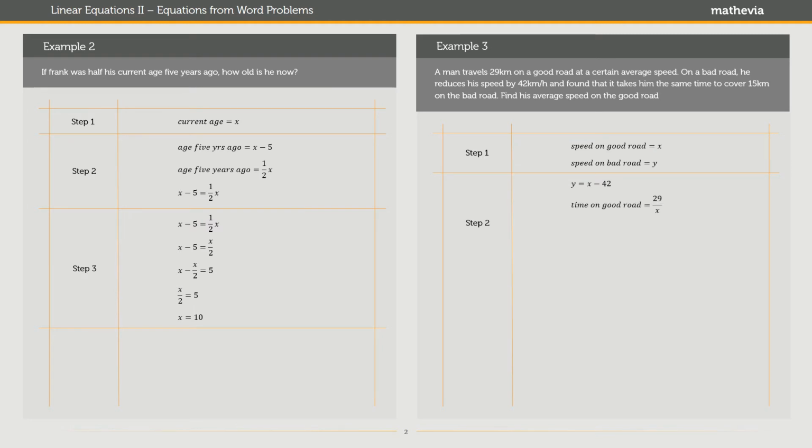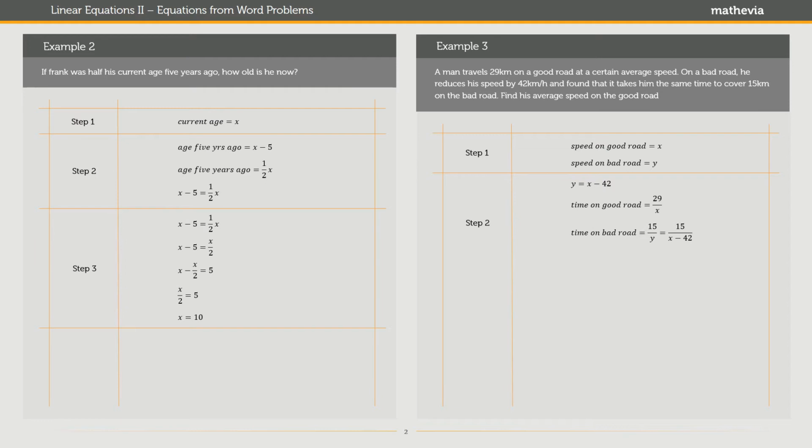Now, the time it takes him to cover the distance on the good road is going to be distance over speed. His speed on the good road is x, and he traveled 29 kilometers on the good road, so we have 29 divided by x. Now, the time it took him to travel on the bad road: he covered 15 kilometers on the bad road, and the speed on the bad road is y.